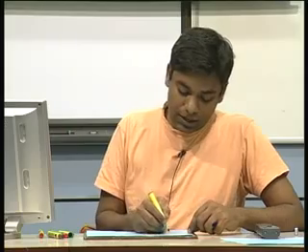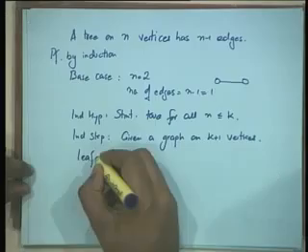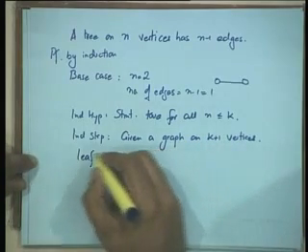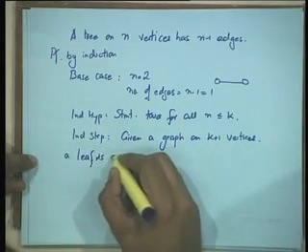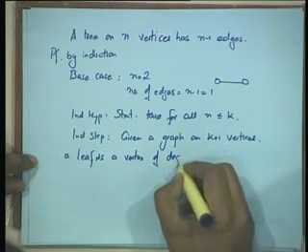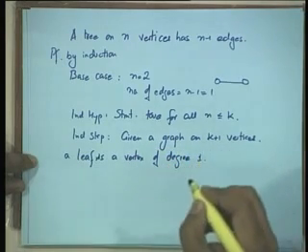What is this leaf? Good. So let's define a leaf now as a vertex. A leaf is a vertex of degree 1. Okay?